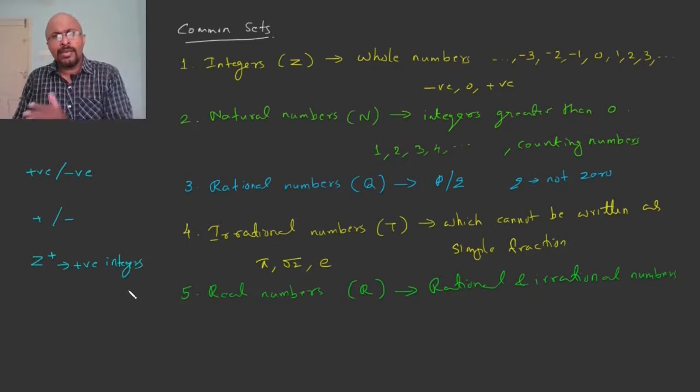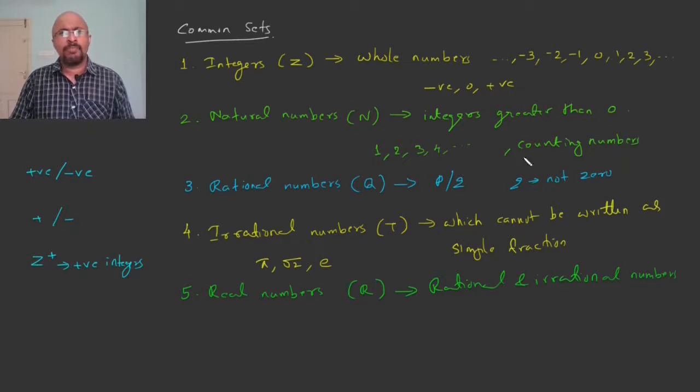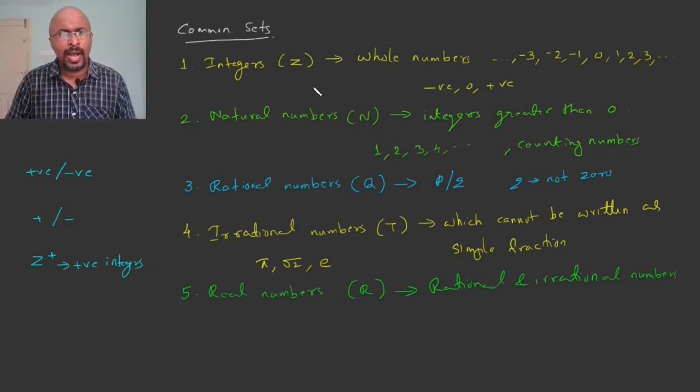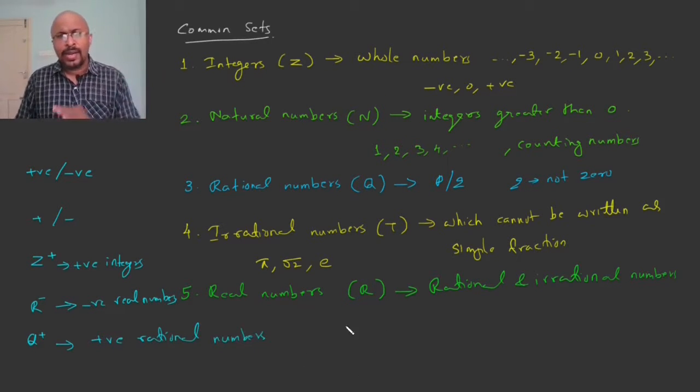You know, positive integers are 1, 2, 3, etc., and is the same as natural numbers or counting numbers. In the same way, you can represent R minus as negative real numbers. You can represent Q plus as positive rational numbers. Like that, you can represent any common set as a positive or negative group within that set.